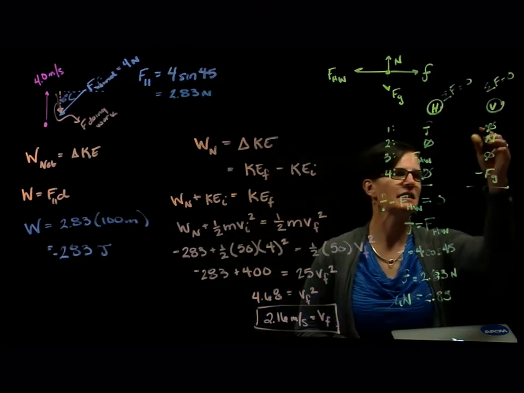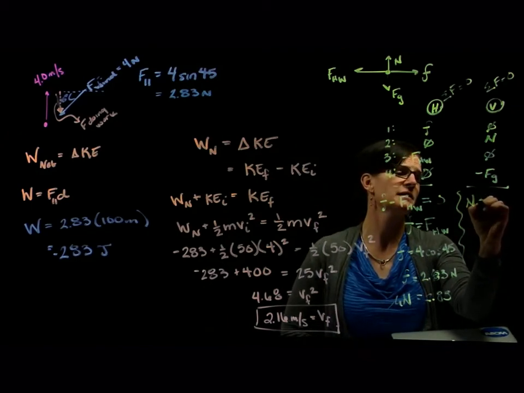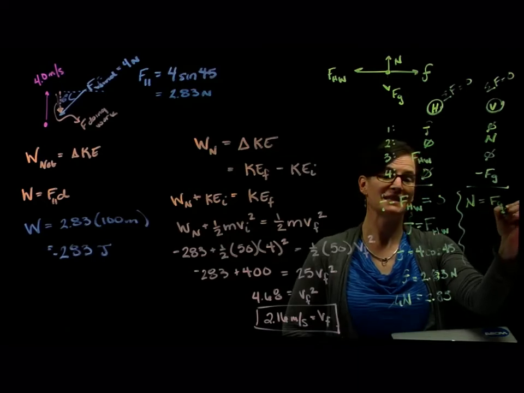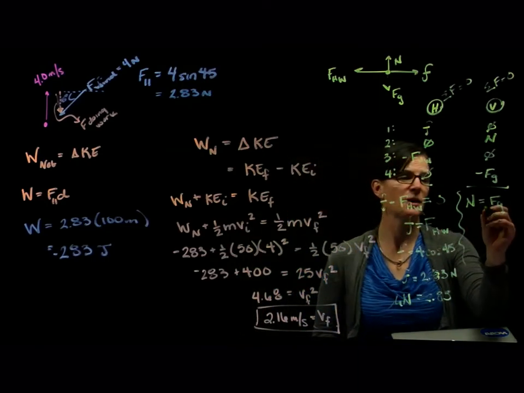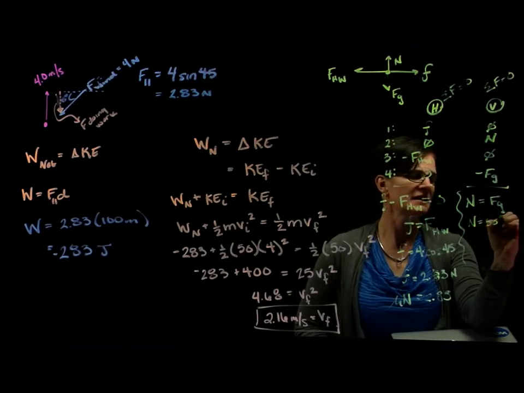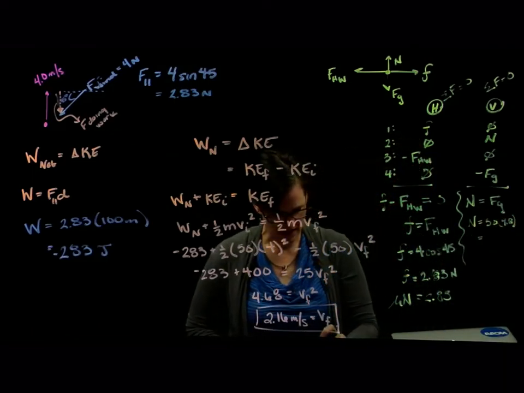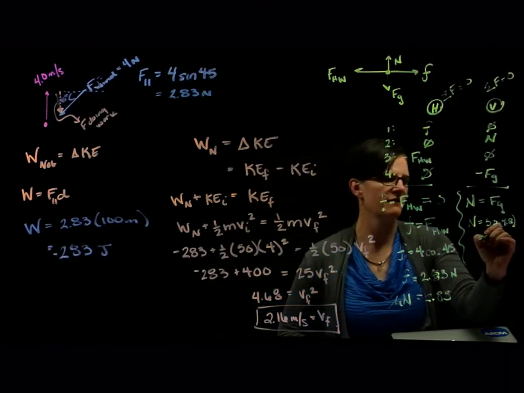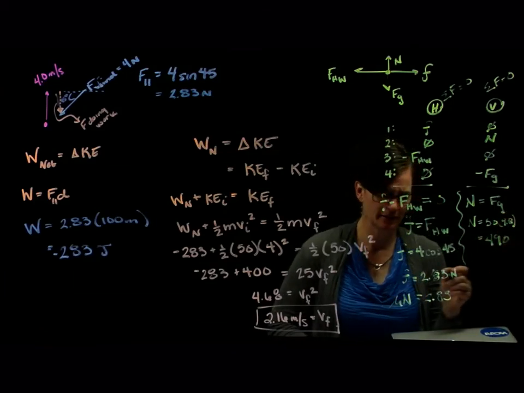So we need n, and we can get that using our vertical components. So the normal force in this case does equal the force of gravity. The object is not translating up or down. And so that is 50 times 9.8. And so we have a normal force of 490 newtons.